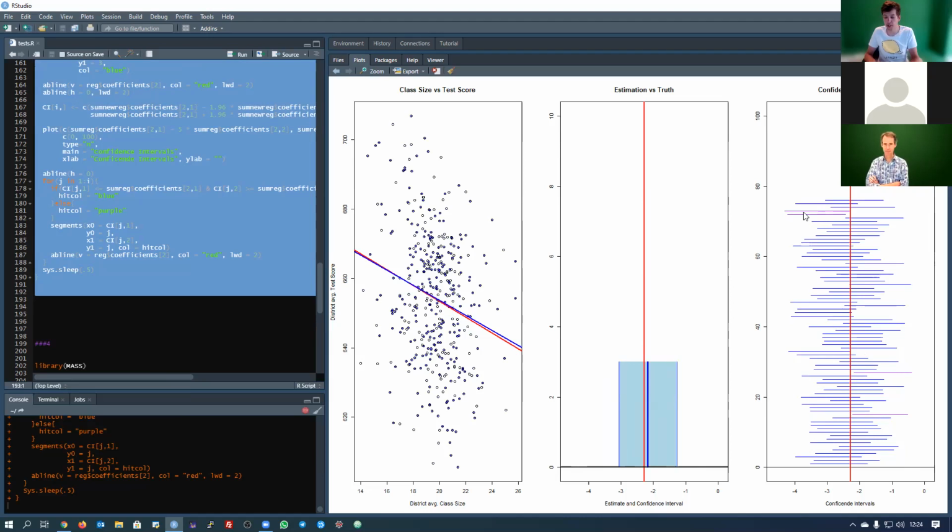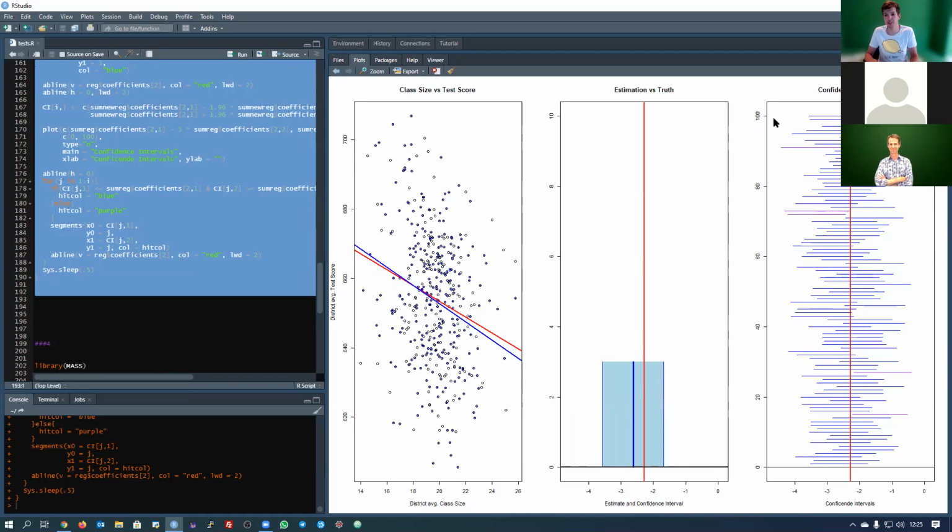Maybe we will end up with 5 of 100 confidence intervals that miss the true value. We might get 6, we might get 4, we might get 7, we might get 3. It's all possible because we only did this 100 times. In this case, it seems we are lucky. No, we're not. 6 out of the 100 confidence intervals in here did not include the true value.